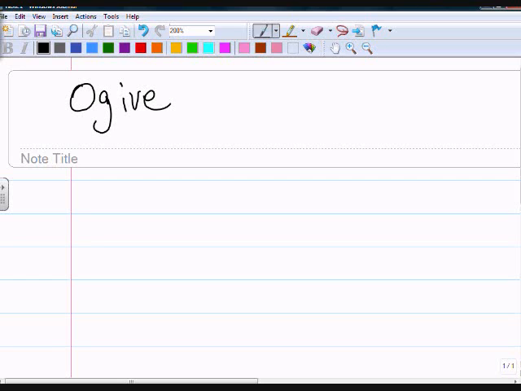An ogive is an arc that doesn't come back down. An ogive graph, as you will see, is a graph that is perpetually increasing.